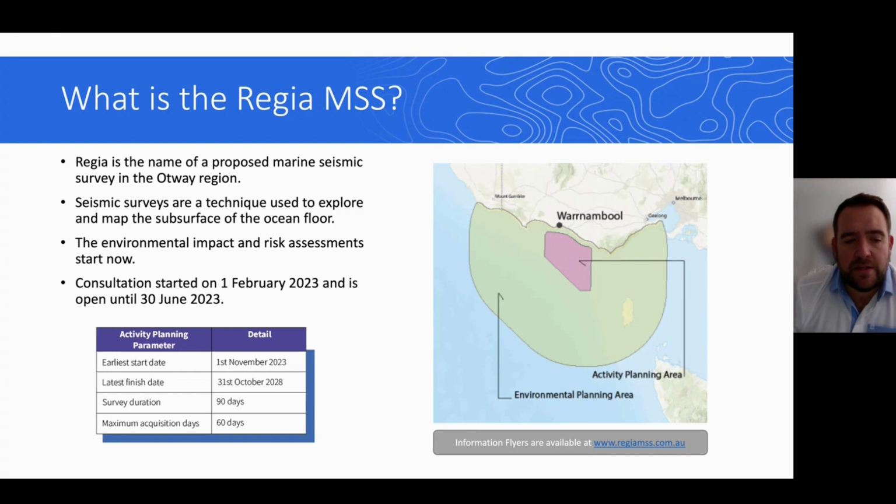Currently, the activity is a survey duration of 90 days, of which 60 would be acquisition. And at the moment, we're looking at a 5-year window. And again, the area and the timing of that window will narrow as the process continues.